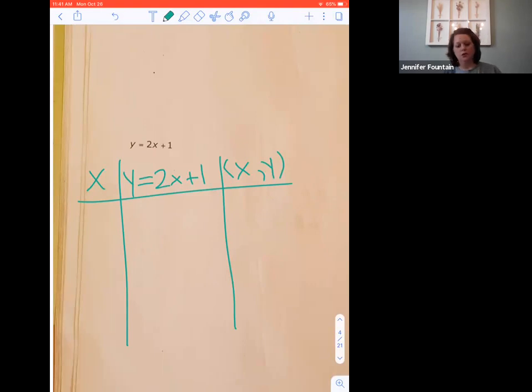So set up your chart. What are my 5 values I'm going to use for x? 0, 1, 2, -1, -2.